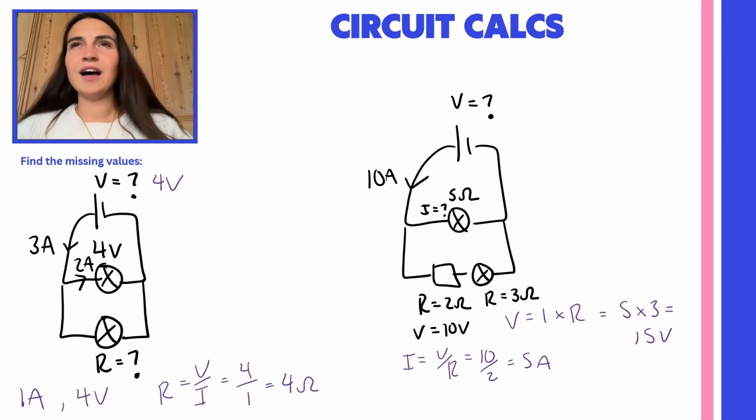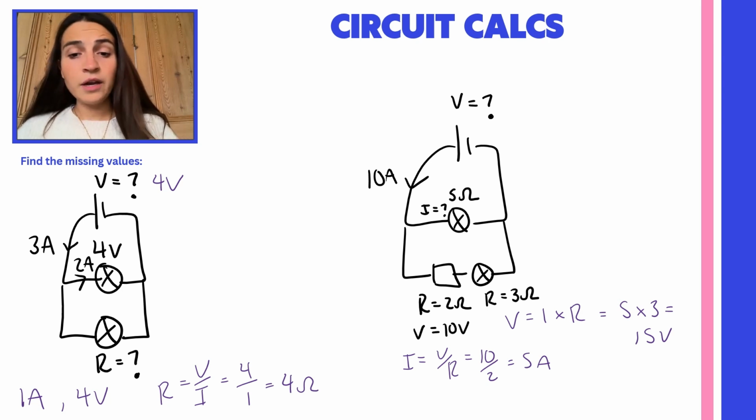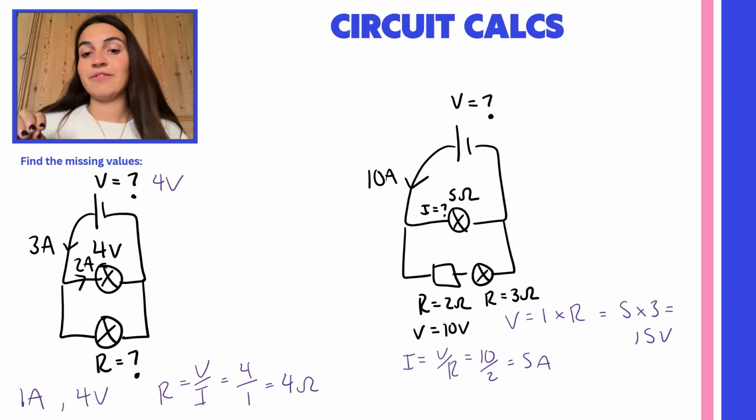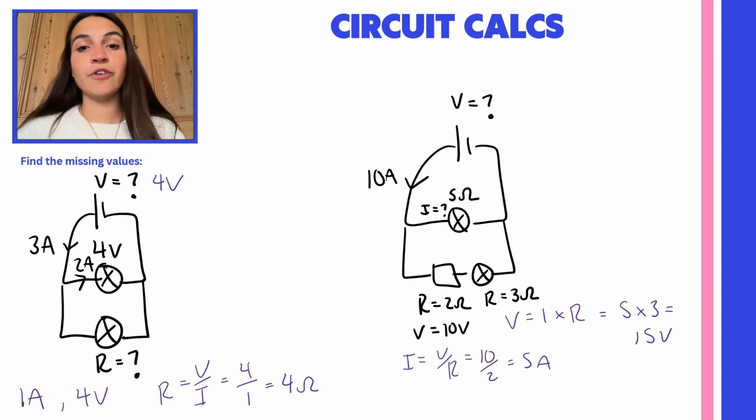So again, it kind of looks like I'm not really getting anywhere with this question, except now I'm in a position where I have worked out that I have got 10 volts over that resistor in my bottom branch and 15 volts over that bulb in my bottom branch.